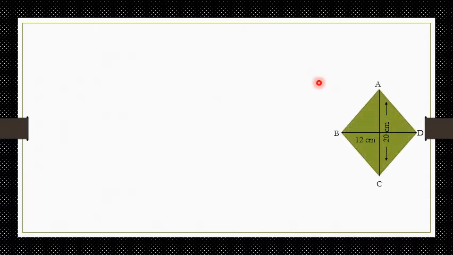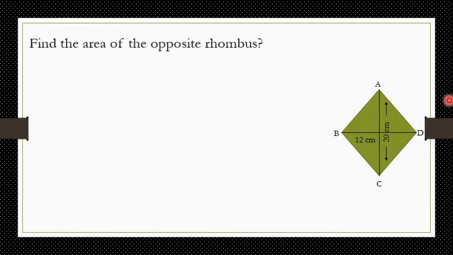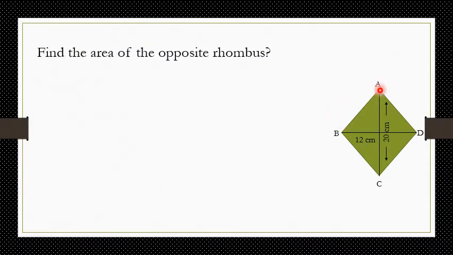Now if we have the rhombus ABCD and we want to find the area of that rhombus, we have two diagonals. The first diagonal BD equals 12 by 2 equals 24 centimeter because he gave me half of the length of BD. And the second diagonal AC equals 20 centimeter.